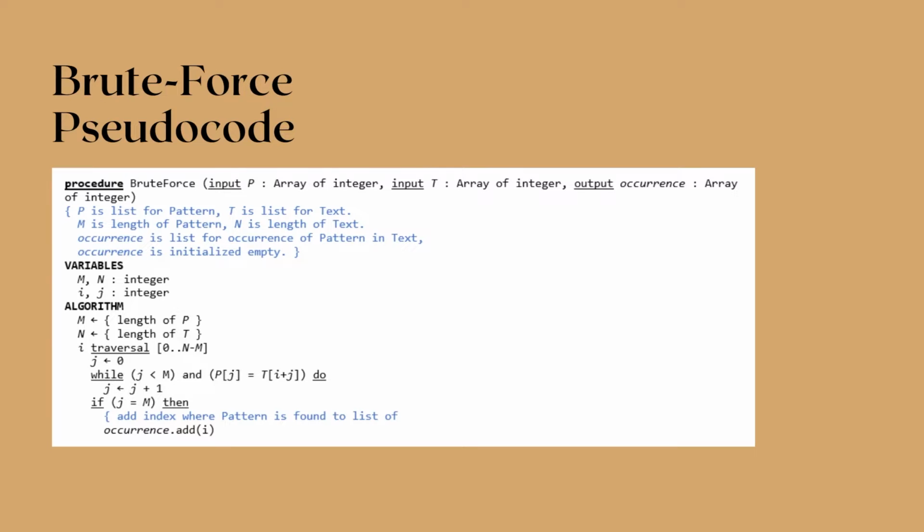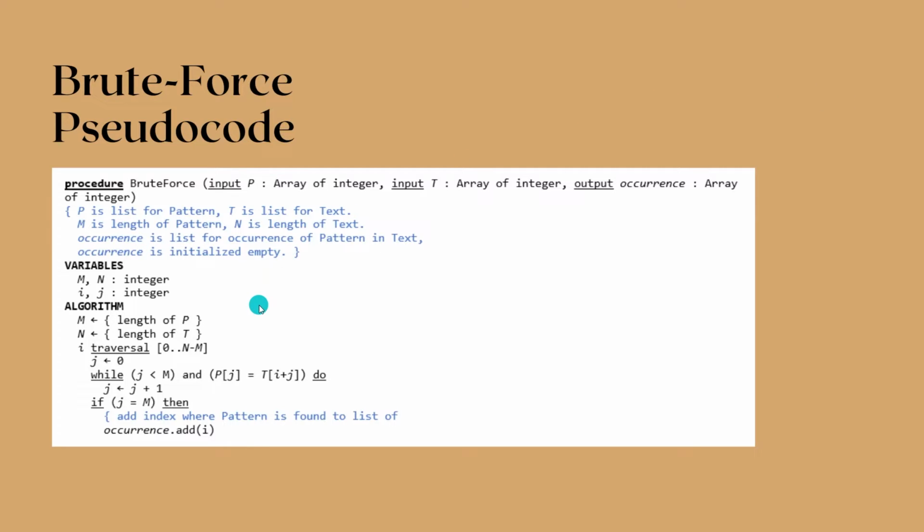Here we have a pseudocode in the general implementation of a brute force algorithm for string matching. Here the procedure accepts 2 arrays of integers, one for patterns and one for text. It then outputs an occurrence array, which stores all of the possible indexes in which the pattern exists in the text.